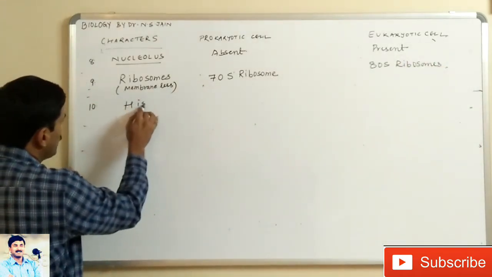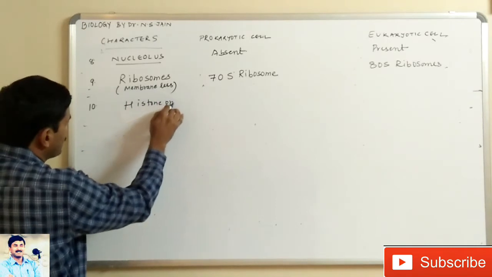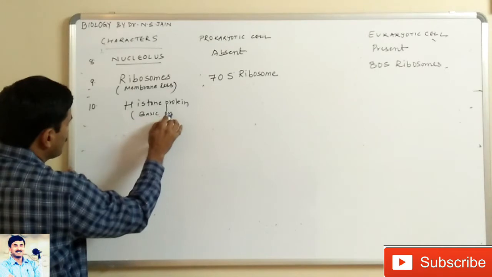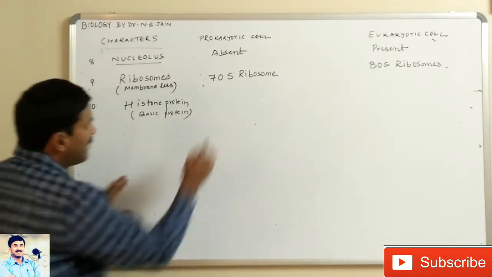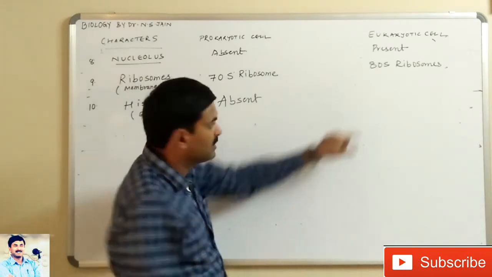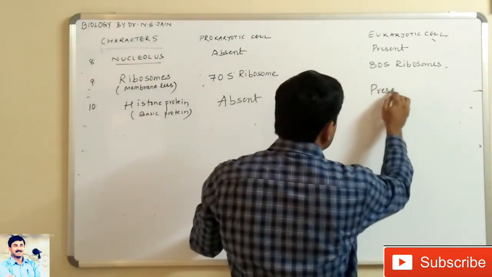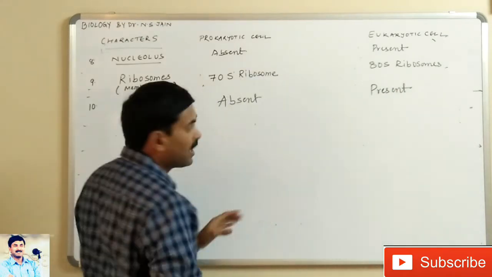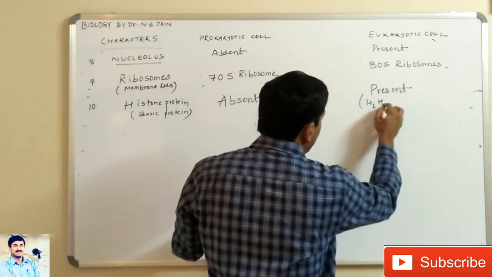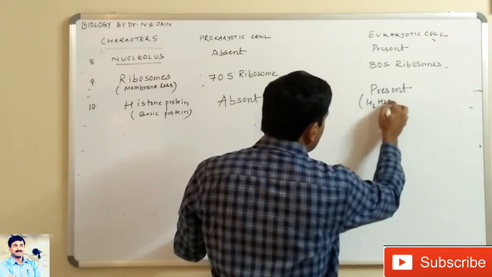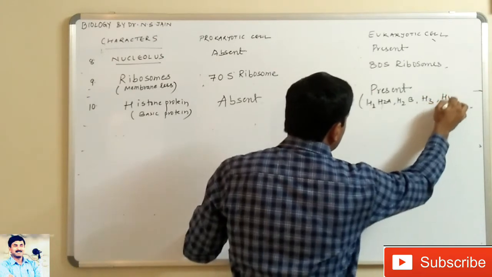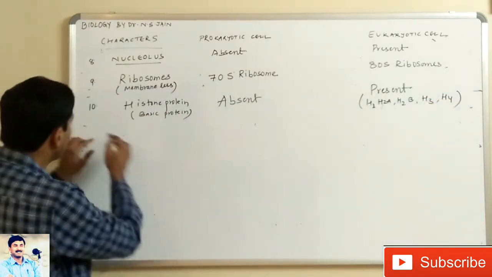Now histone proteins. These are basic proteins which are absent here, while they are present here. They are of 5 types: H1, H2A, H2B, H3 and H4.